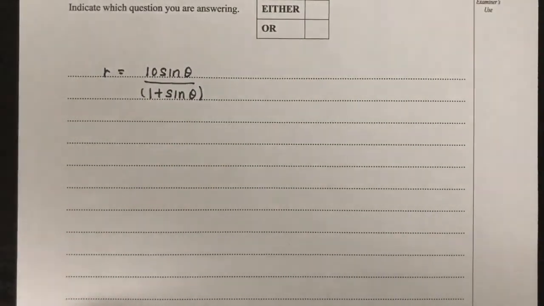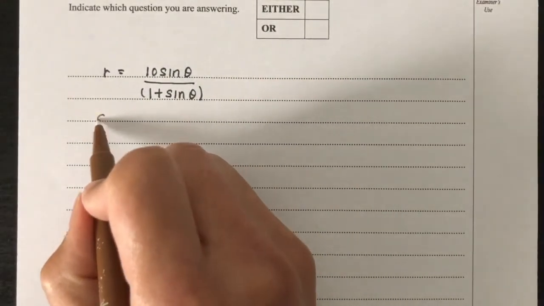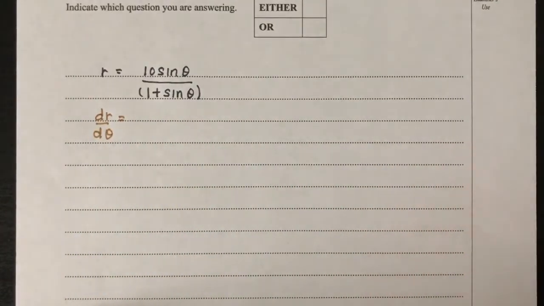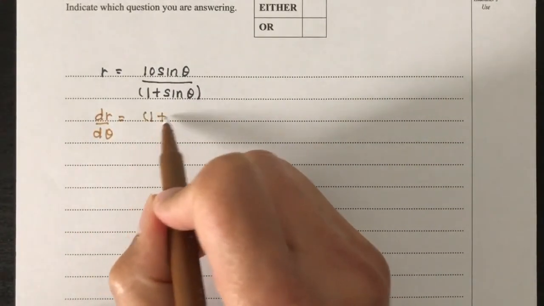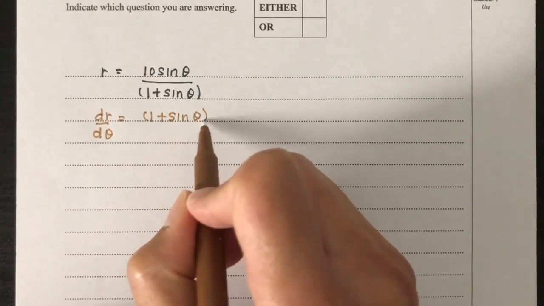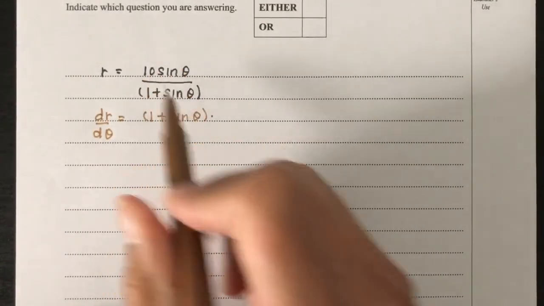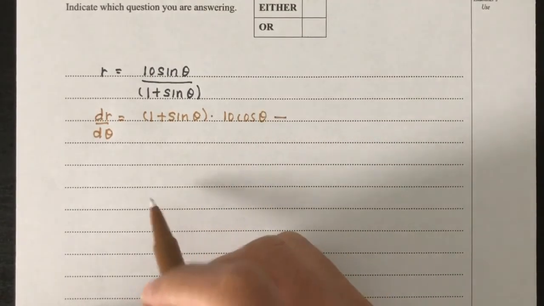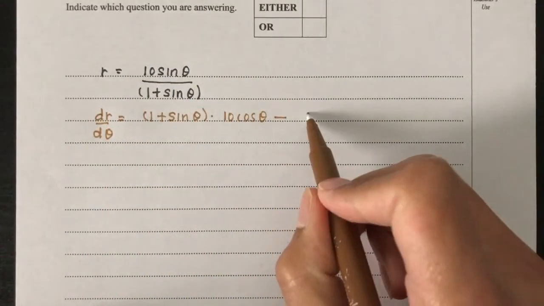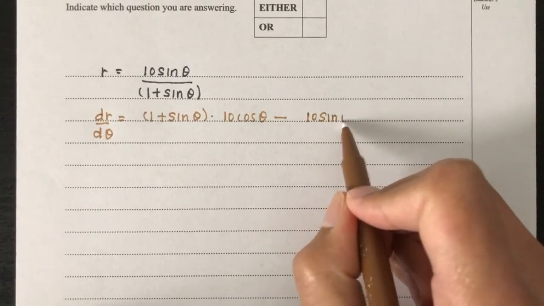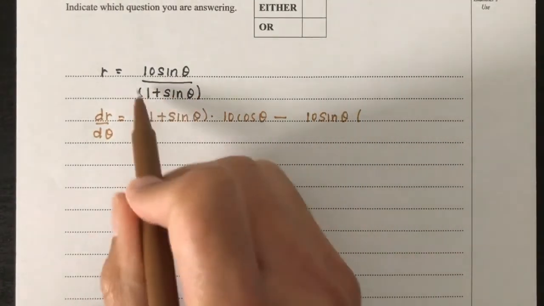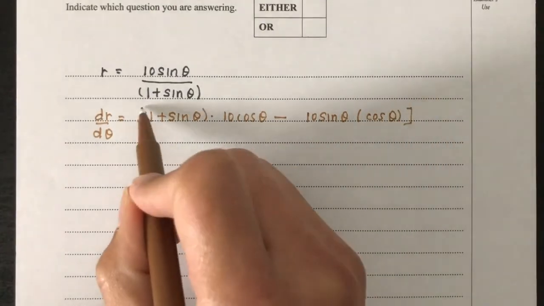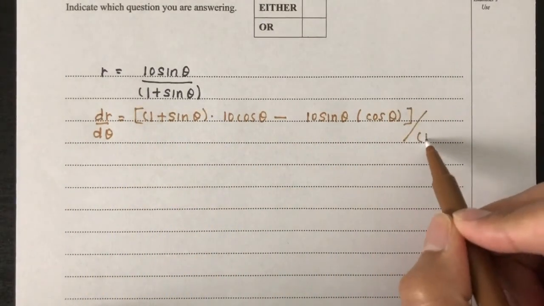As you can see, this is a fraction, so you have to use the quotient rule. First write down the denominator as it is, then multiply by the derivative of the numerator, which gives 10 cos theta, then minus the numerator as it is, 10 sine theta, times the derivative of the denominator, which is cos theta, and all this divided by the denominator squared.